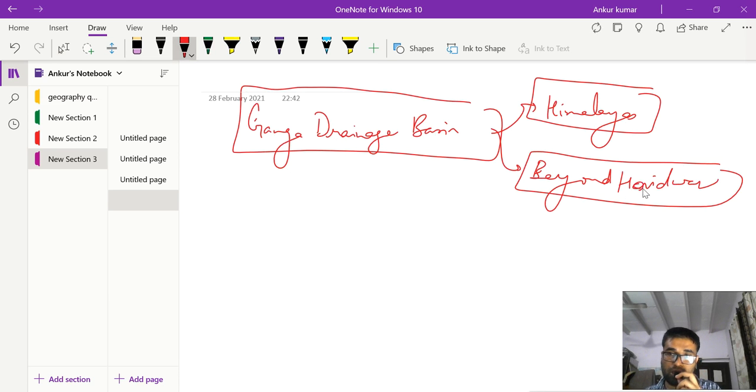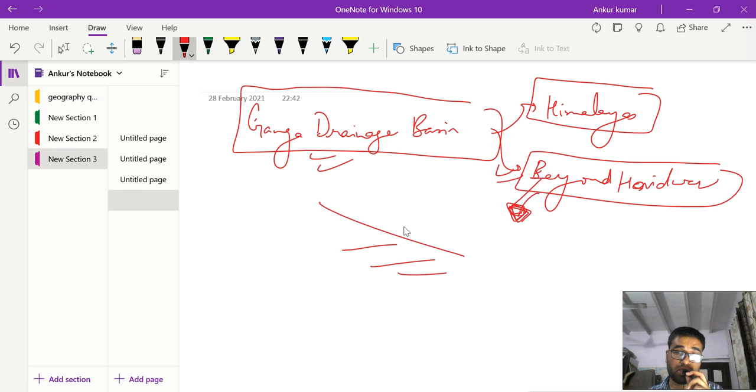In Haridwar, Ganga enters the plains. हरिद्वार के बाद ही big tributaries join the Ganga. Okay. So this is the scheme of things of the Ganga. We will do both the left bank and the right bank tributaries, all the rivers.